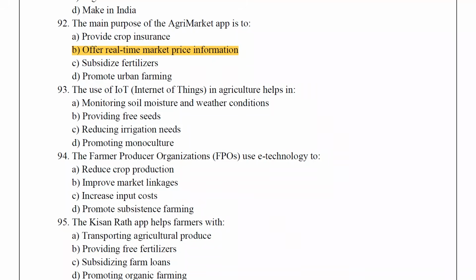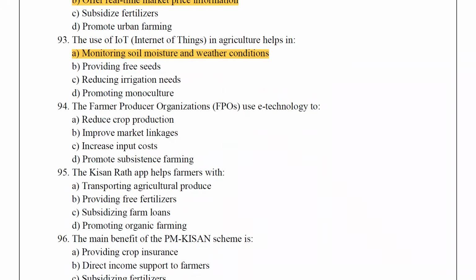The use of IoT, Internet of Things, in agriculture helps in monitoring the soil moisture and weather conditions. The farmer producer organizations, FPO, use e-technology to improve the market linkages.